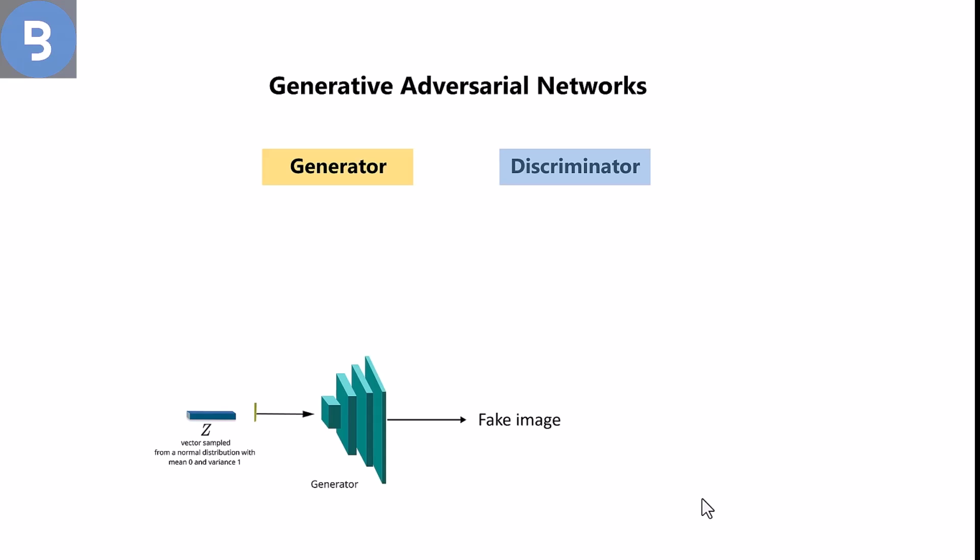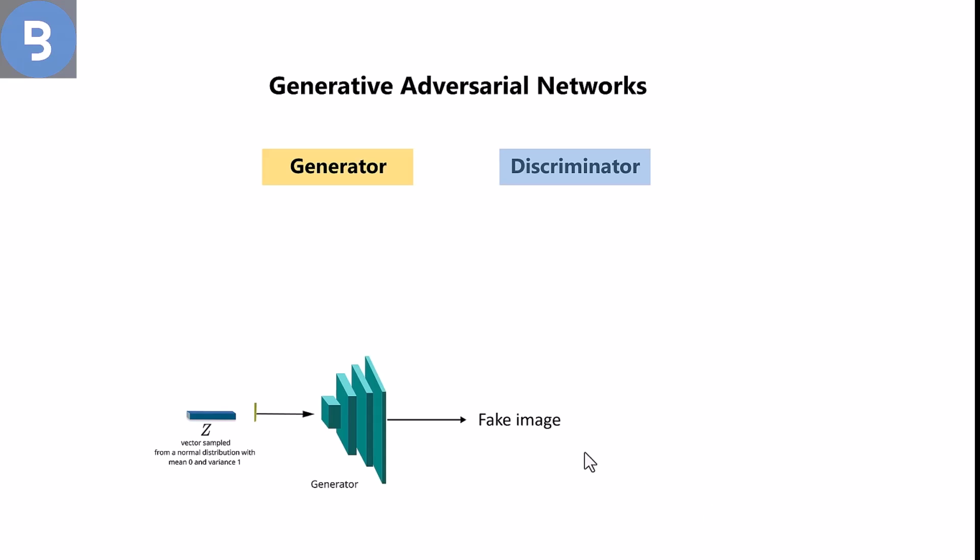The noise is randomly created vectors from normal or Gaussian distributions, and these vectors pass through the generator. We don't want to talk about the structure of the generator now, but most generators use a CNN, a convolutional neural network, to process the noise, and then the output of the generator is a fake image.